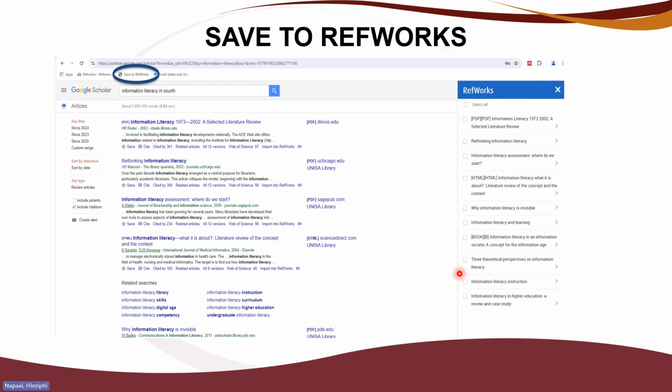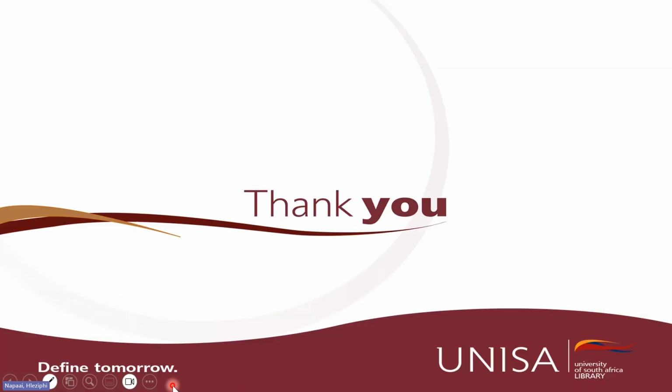Then you can select all the PDFs that you want to send to your RefWorks, and log into your RefWorks account so that you can send them all at once. So this Save to RefWorks only works when you are searching on blogs or some of the internet sites, but not from the database sites, because of the certificate problem.